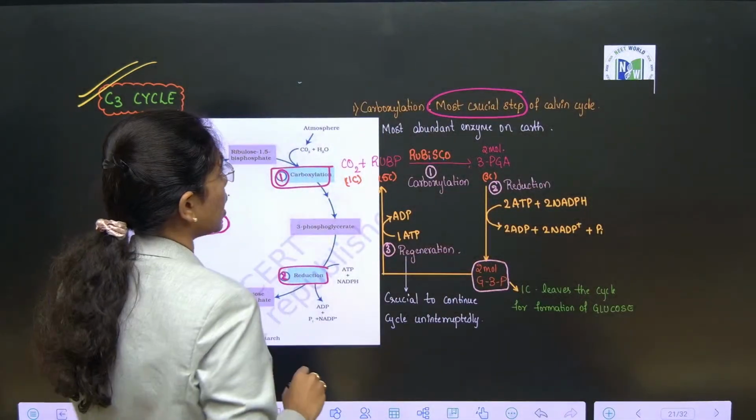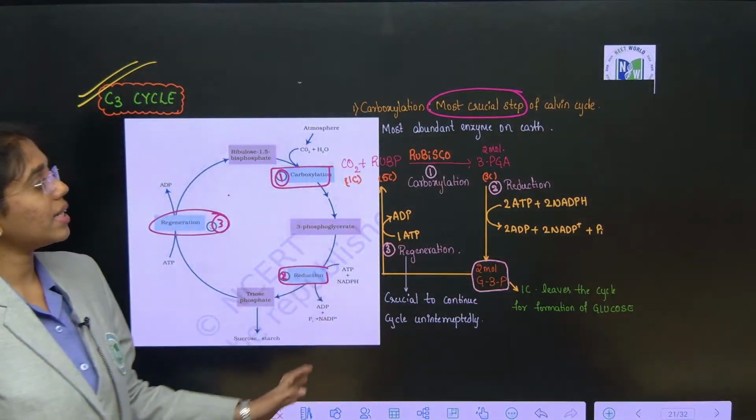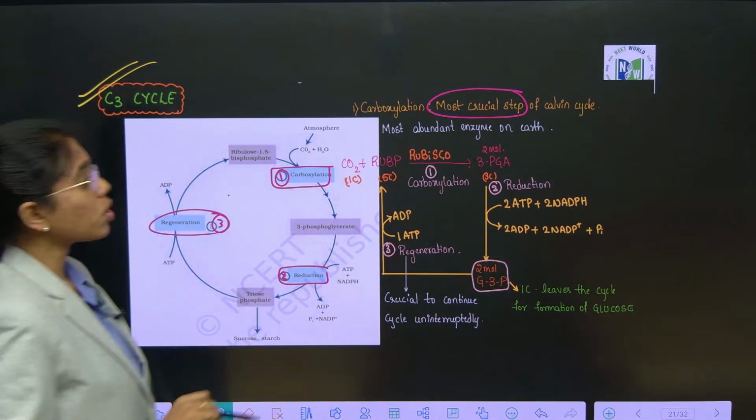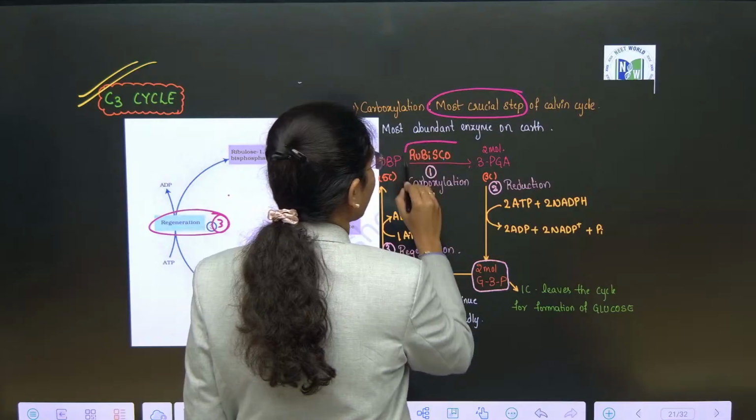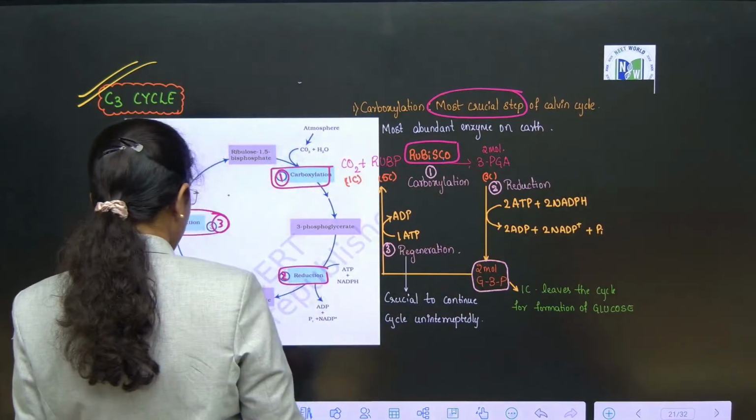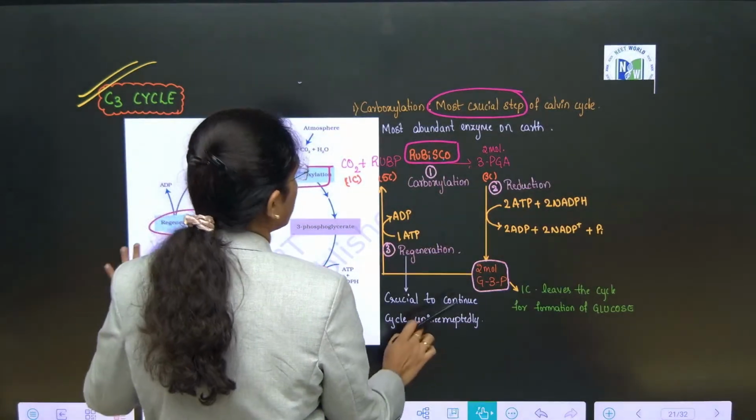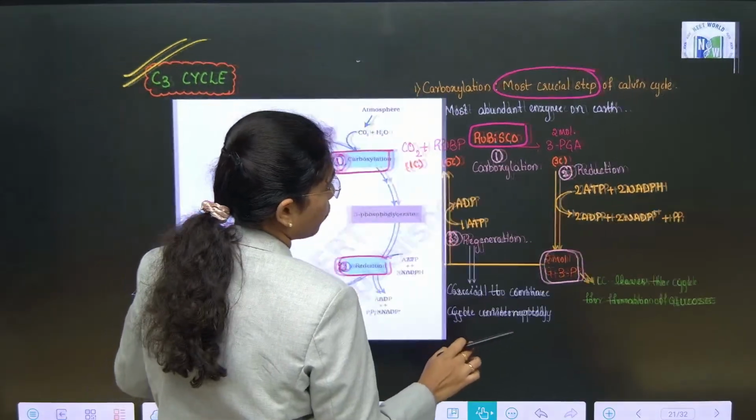This carboxylation is done by what enzyme? Rubisco. Rubisco is the most abundant enzyme on the earth. Fine, right? Here there are some points that have to be discussed about Rubisco.